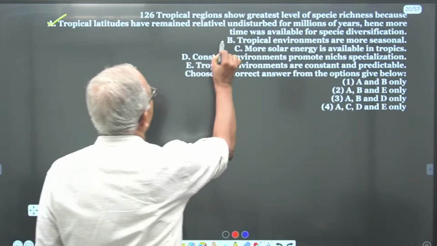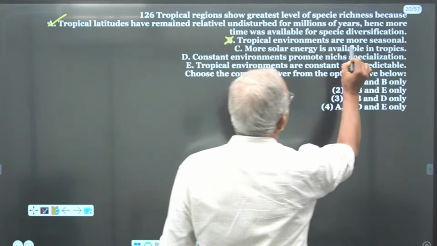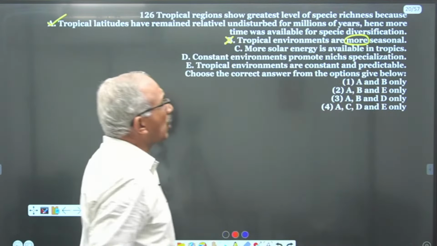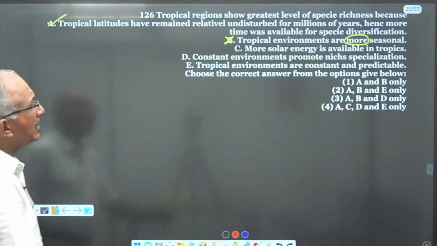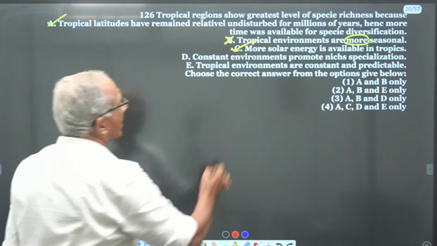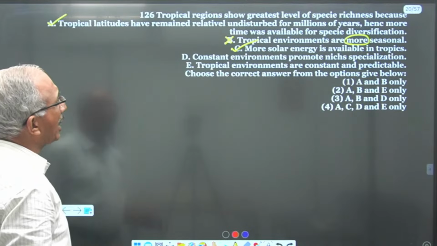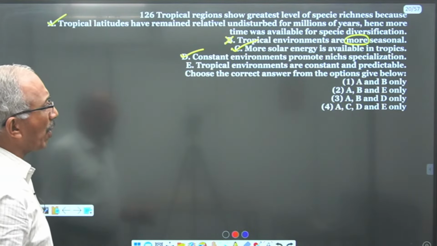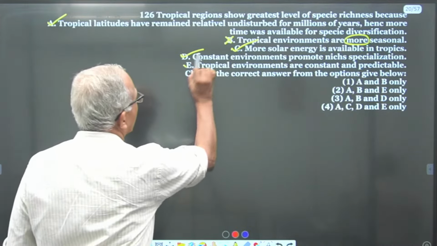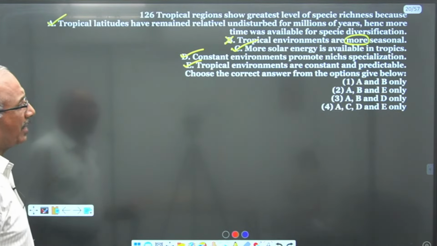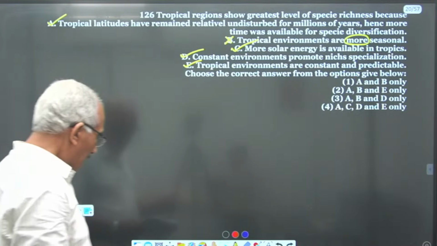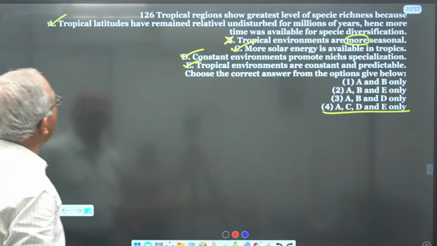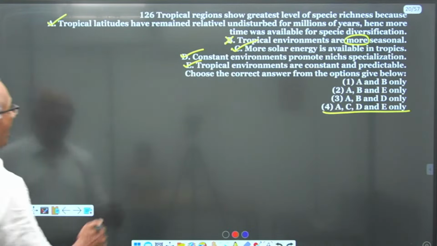But B is wrong; tropical environments are less seasonal. C is correct, more solar energy is available. D is correct, constant environment. E is correct, they are constant and predictable. Answer is 4, A, C, D, E only.